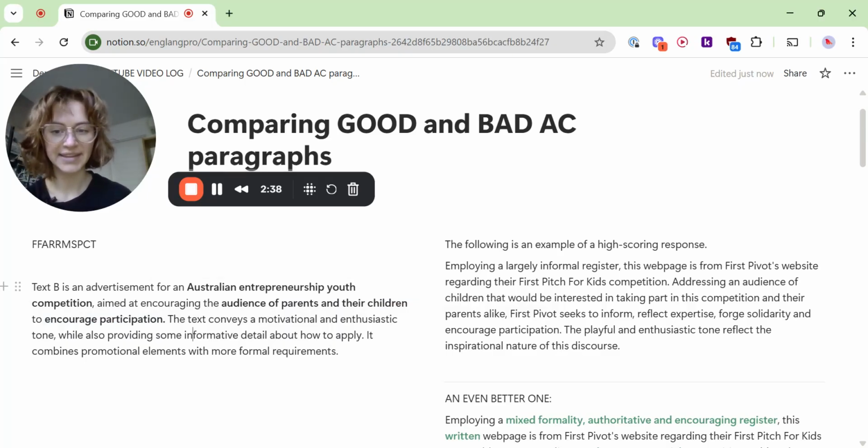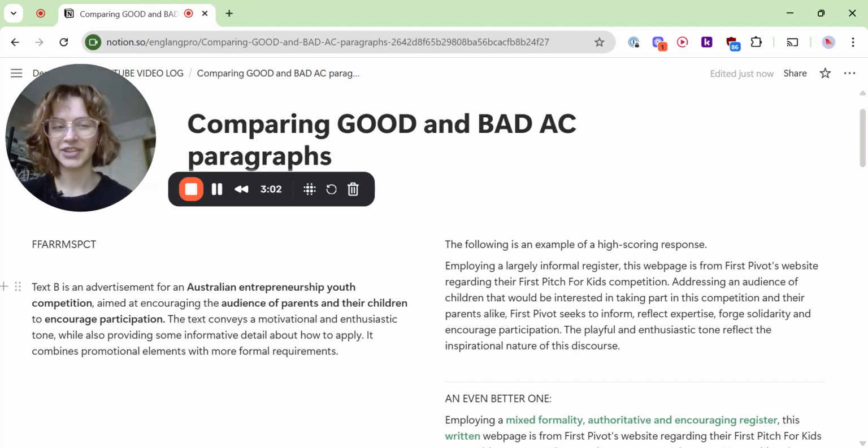The text conveys a motivational and enthusiastic tone. I'm going to pause here for a second to talk a little bit about tone. This is a bit of a gripe that I've picked up from general English, I think, but we never really use the word tone in English language. We use tone a lot in general English, but when we switch over to English language, we need to switch out of using tone.